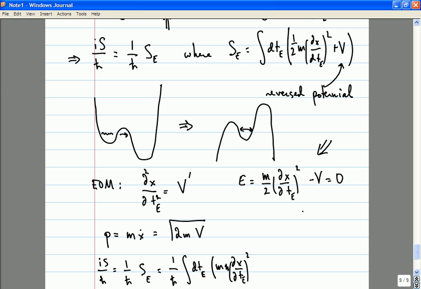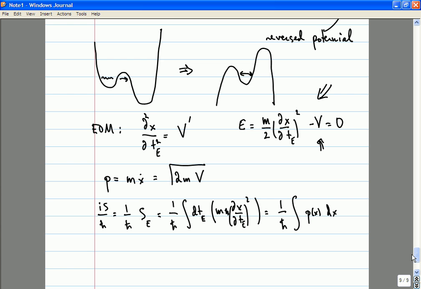Or using the same argument that we went through earlier, 1 over h bar times the integral of p squared over m dt Euclidean, or just p of x dx, now integrated under the potential barrier.